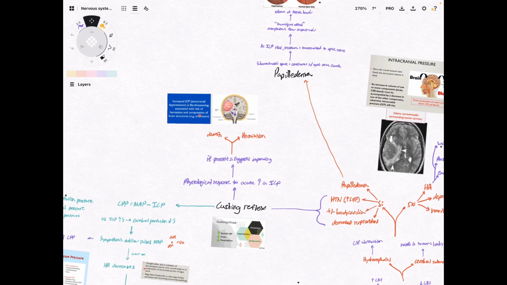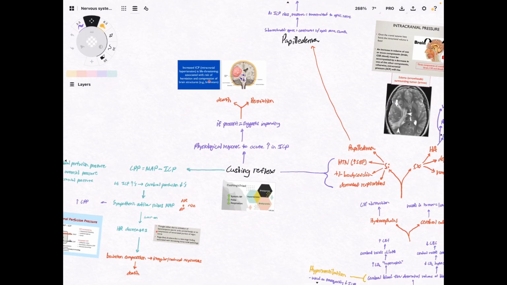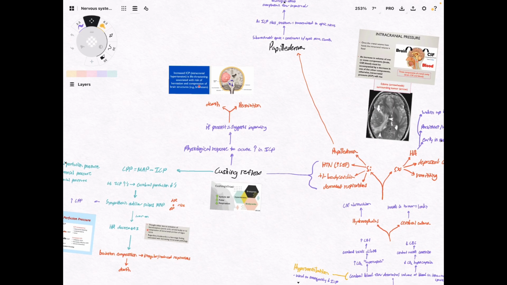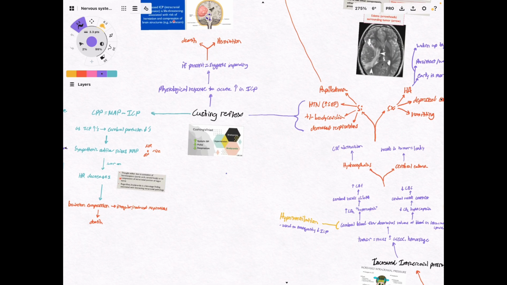So that is papilledema. Now, something that I want to talk about is the Cushing reflex, and this is basically the body's natural response to increased intracranial pressure. And how I want you all to remember this is through something that I kind of came up with called the BP rule. So when BP is together, that's going to be increased blood pressure.